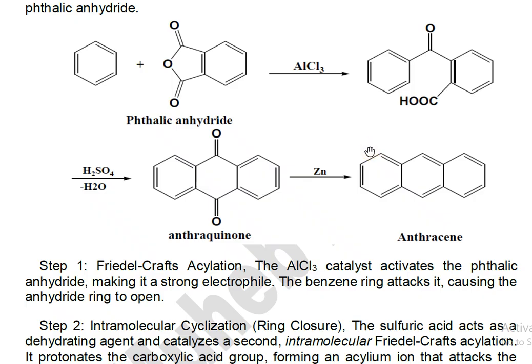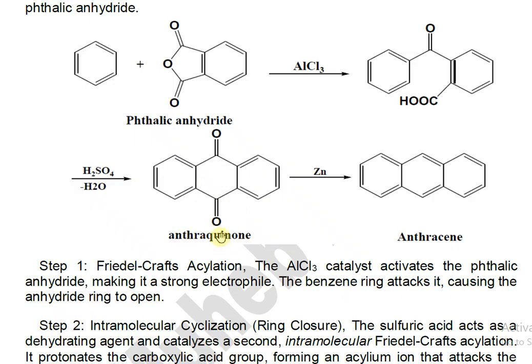About step number two, we have cyclization from this side, a new carbon-carbon bond here, the intramolecular cyclization, because the cyclization happens on the same molecule. So we have ring closure. The sulfuric acid acts as a dehydrating agent and catalyst. By using H2SO4, we remove OH with H, removing an H2O molecule to give us the anthraquinone.